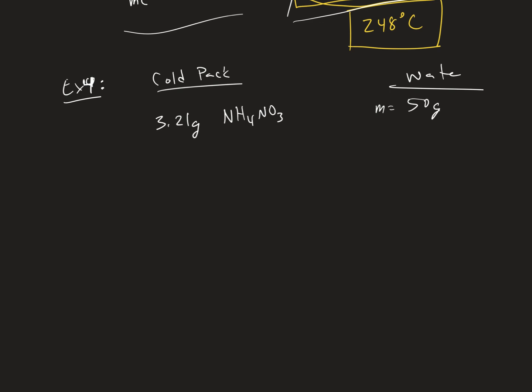Oh, maybe we do two. We do both of them in this case. In the hand warmer, we didn't. Okay, so good. And the initial temperature of our water is 24.9 degrees Celsius. The temperature of the solution drops, so the final temperature is now 20.3 degrees Celsius. What is the heat of this reaction?